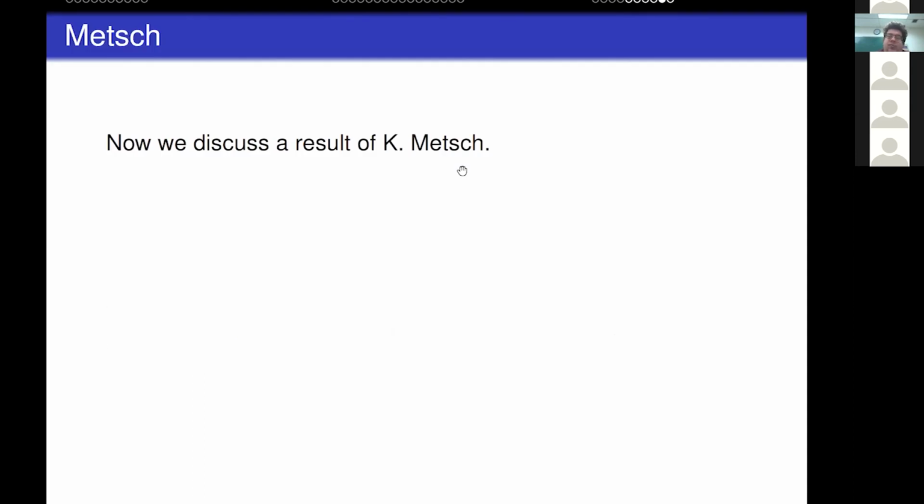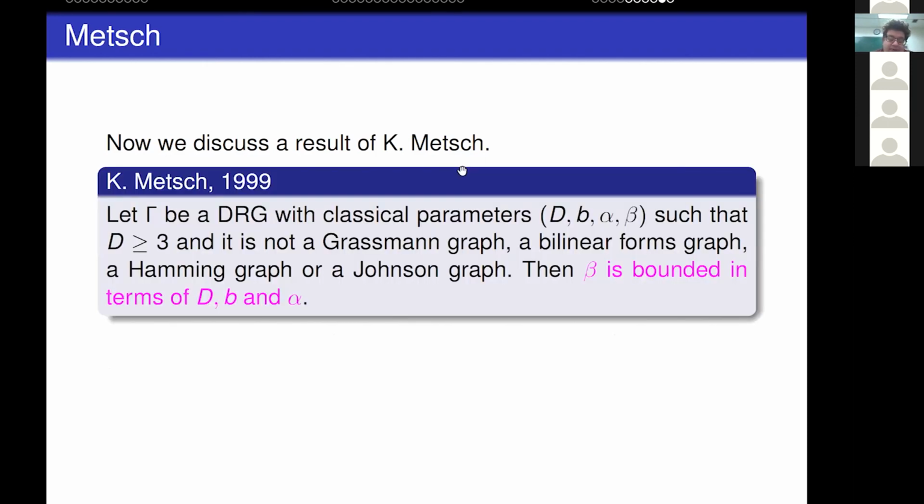So now we come to almost the end of this talk. We discuss a result of Klaus Metz of 1999. If you don't have a Grassmann, bilinear forms, Hamming graph or Johnson graph, then beta is bounded in terms of d, b, and alpha.